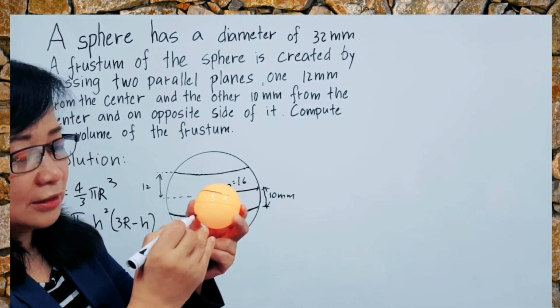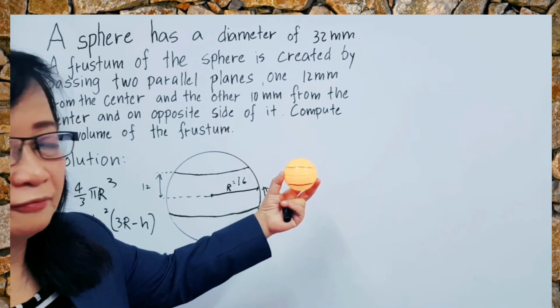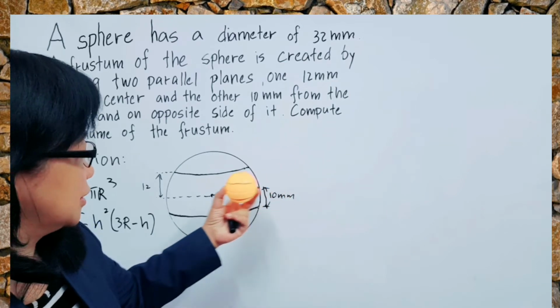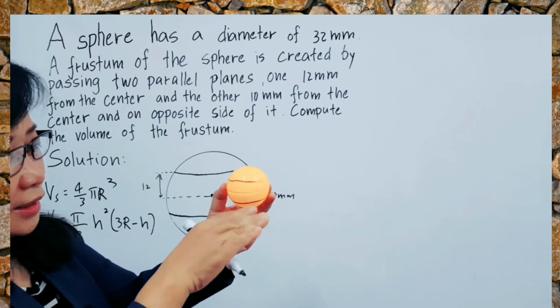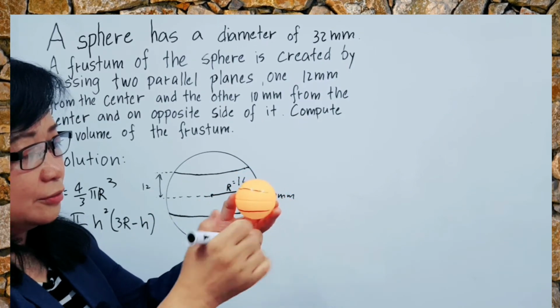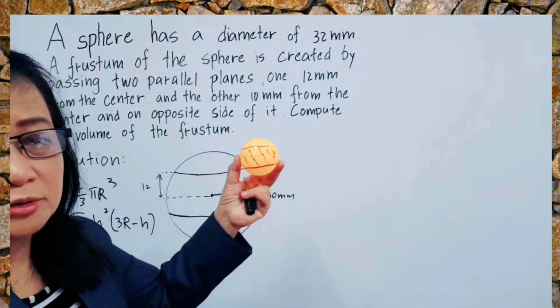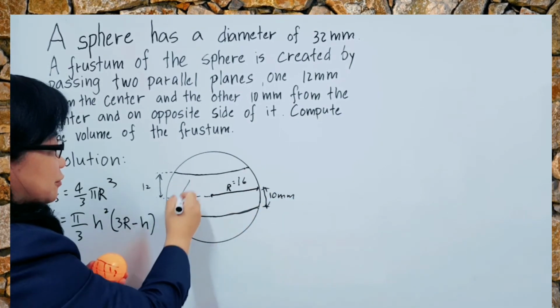Looking on the front, but if you tilt a little, you see it is like this. This is the first plane cutting and the second plane cutting. So this is the so-called frustum of a sphere.